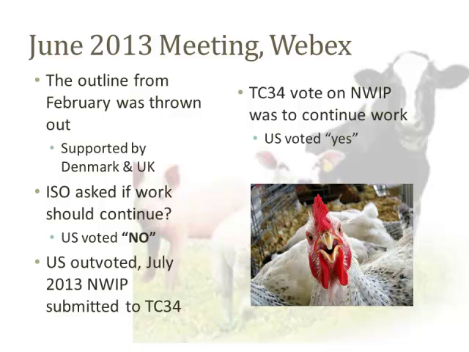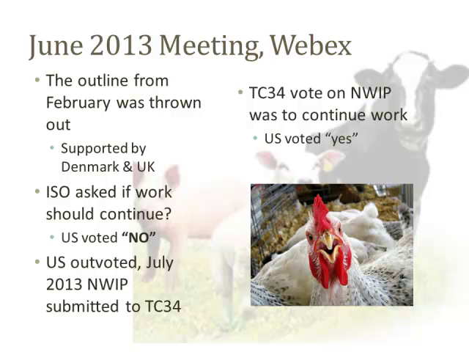And then in July, a more simple version of a new work item proposal was put together, and that was sent to TC34 for a vote at the end of July. Now at this point, we realized SSAFE was going to move forward with something regardless.